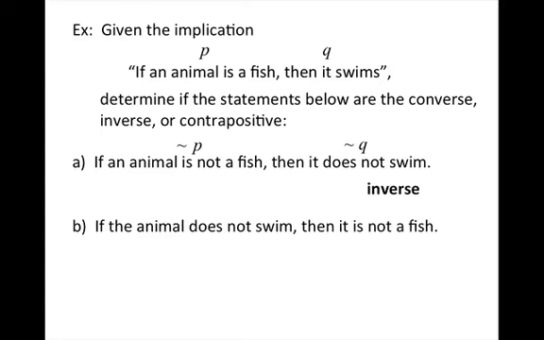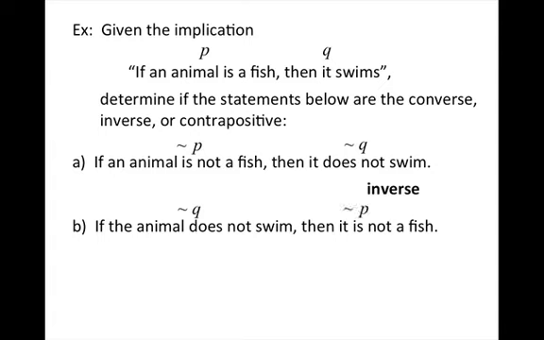In part B, if an animal does not swim, then it is not a fish. Well, I see the nots again, so I know I'm using negations. The first part, the hypothesis, is the animal does not swim. This is the negation of Q, so this is not Q. The second part, or our conclusion, is it is not a fish.